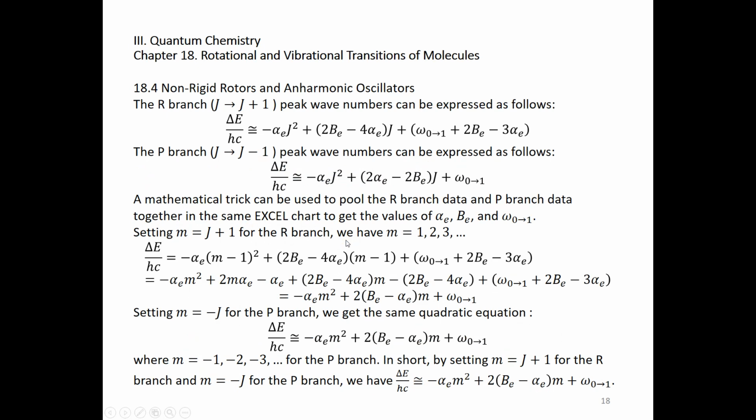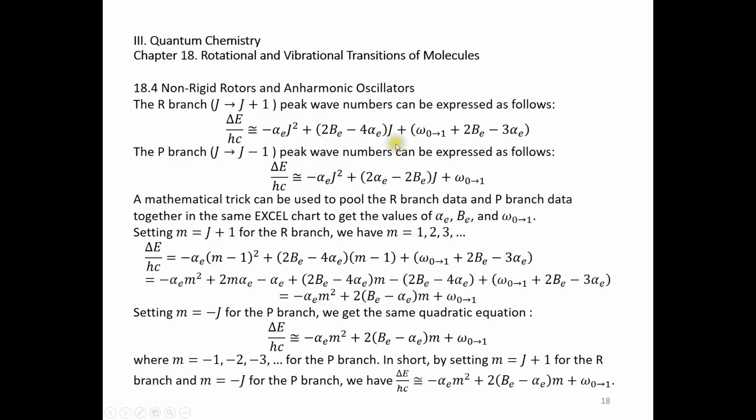Now let's look at the R branch data analysis and P branch data analysis together. For the R branch, the photon wave numbers can be expressed as a quadratic function of J. Same for the P branch, it's a quadratic function of J. These two equations look quite different, except the J squared term, that's the same.